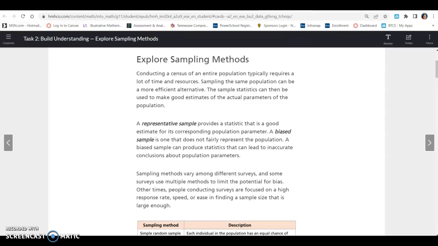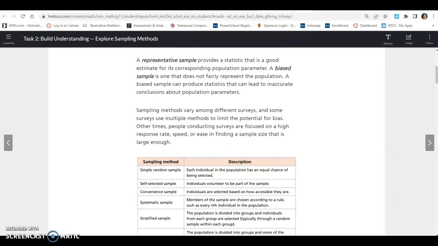A representative sample provides a statistic that is a good estimate for its corresponding population parameter. A biased sample is one that does not fairly represent the population. A biased sample can produce statistics that can lead to inaccurate conclusions about population parameters.